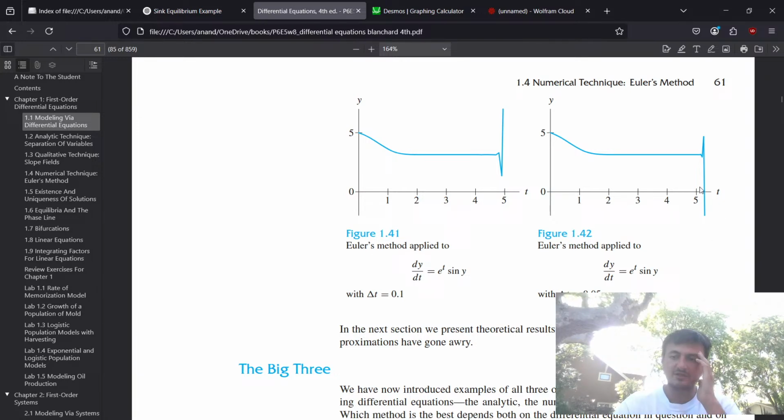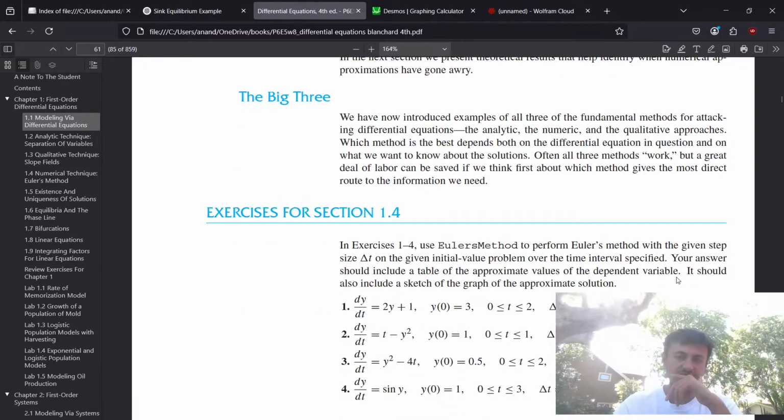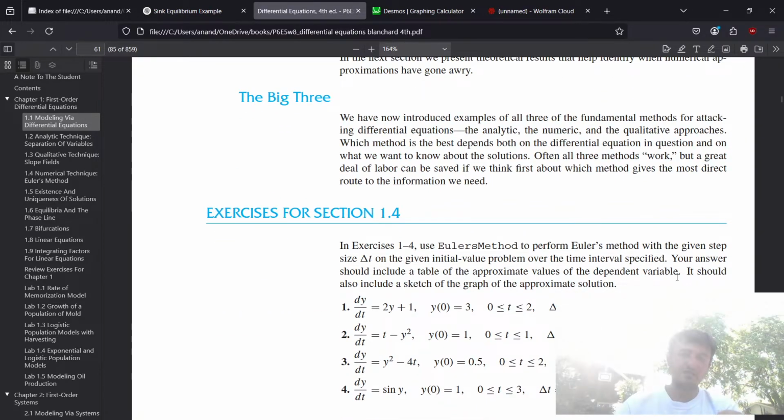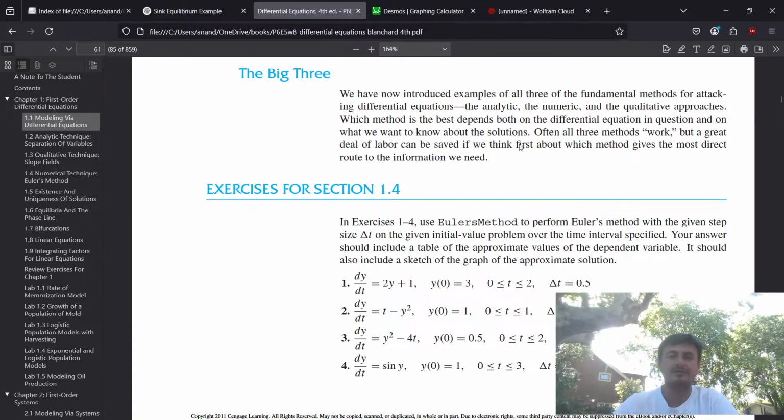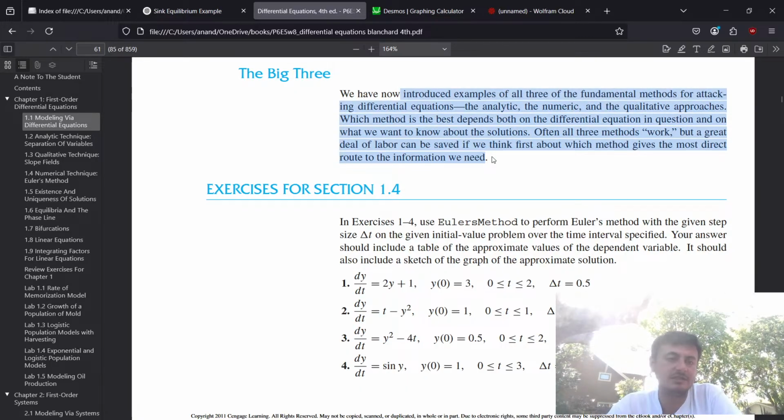If it goes negative, you know something's wrong because this is non-negative. There was another one where it says you can use qualitative methods to validate the numerical methods. Okay, so this is the bird's eye view of the whole class, I guess.